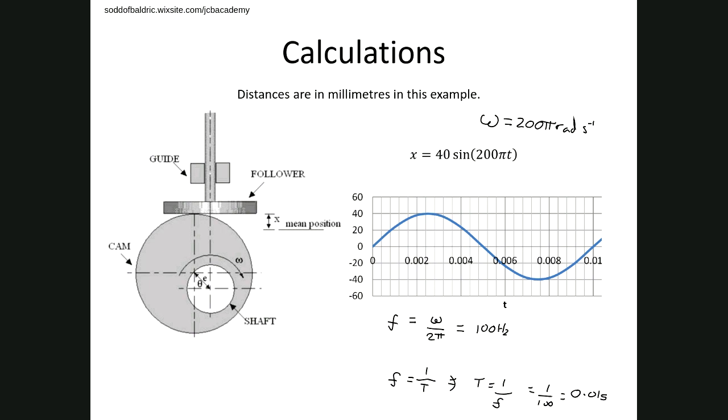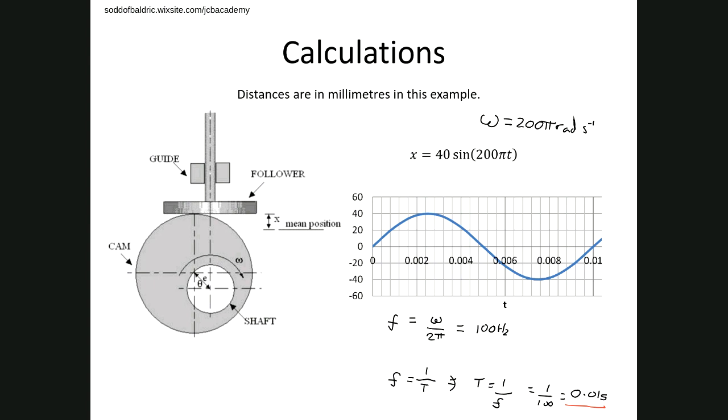Which I hear you all say, yes, but we already knew that, Andy, because we can see it on the graph. Well, the whole point of this is, let's save us doing the graph. We can work that out fairly quickly just by plugging the numbers in. Okay, so are we happy there so far?